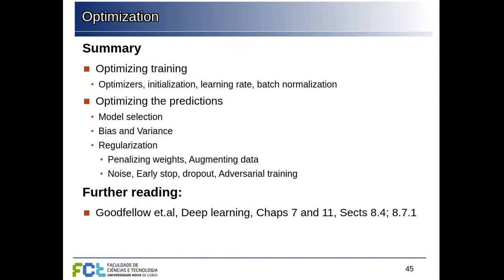We generally do not have problems with underfitting because that simply requires adding a few more layers or more neurons or something like that. So you can take a look at these chapters and sections of the deep learning book for more details on this.